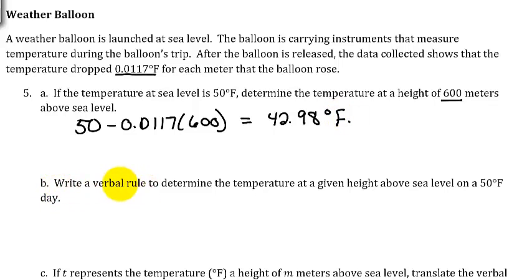Write a verbal rule to determine the temperature at a given height above sea level on a 50-degree day.